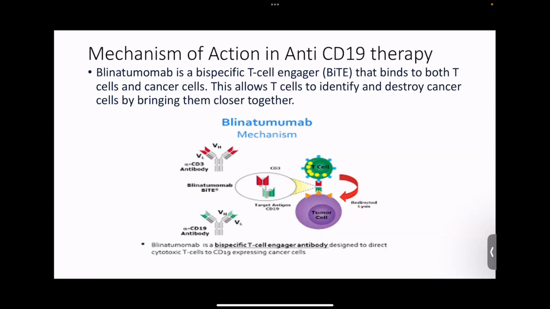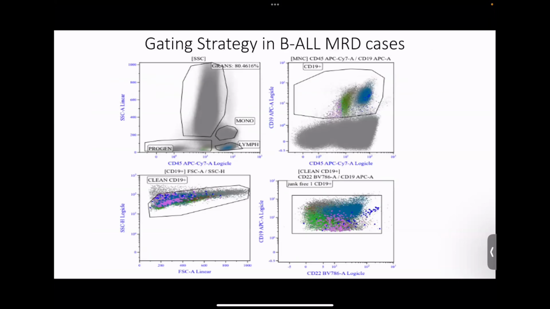So if CD19 is gone, how can we identify the B cells? We can identify the B cells with the help of markers like CD22, CD20, CD24. These are the markers which can help us in using a primary gating strategy in B-ALL MRDs.